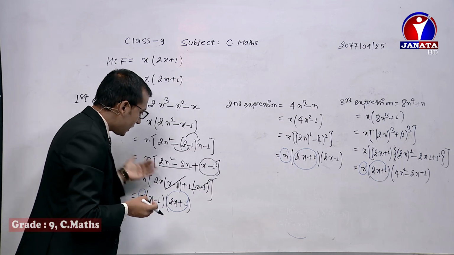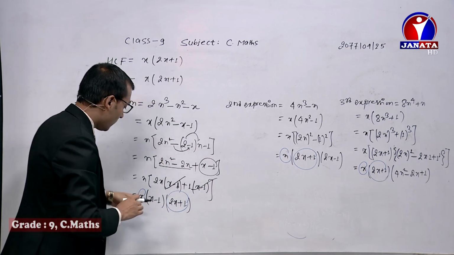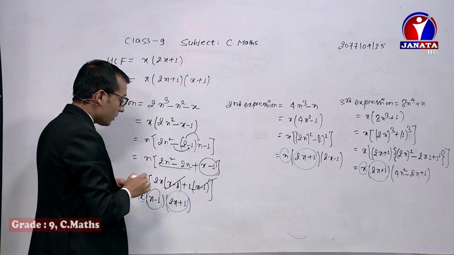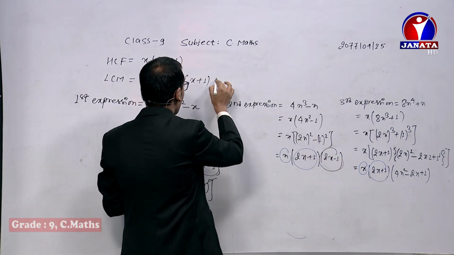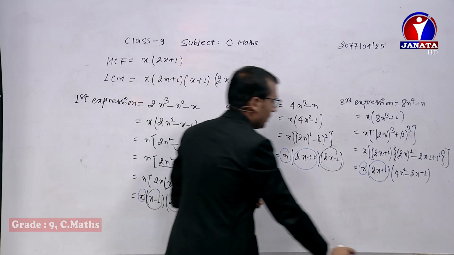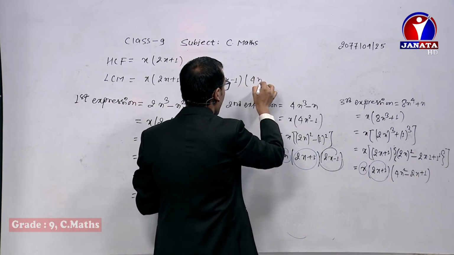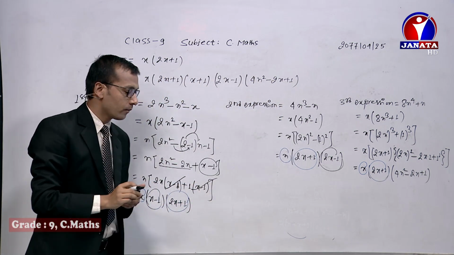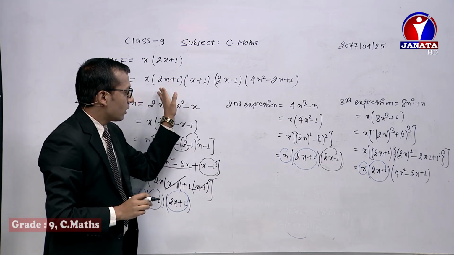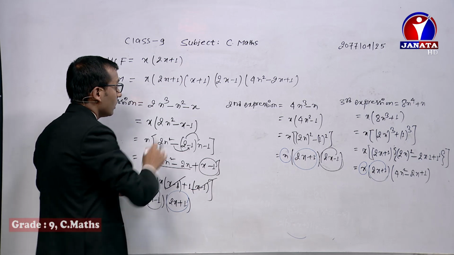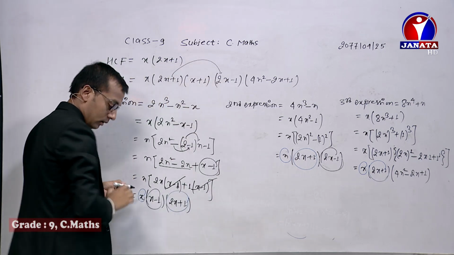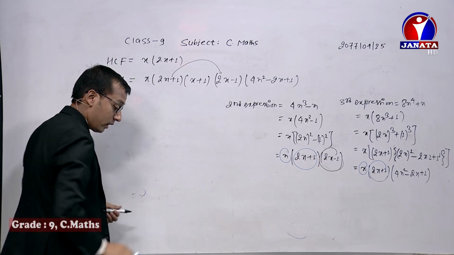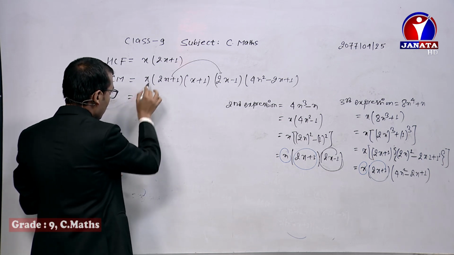So now let's write the remaining factors. From the first expression, it's x plus 1, x minus 1. What is the factor left in the second expression? This is 2x minus 1, and in the third expression, it's 4x square minus 2x plus 1. We can combine these two factors and change into a square minus b square form. So I'm writing first x as it is.